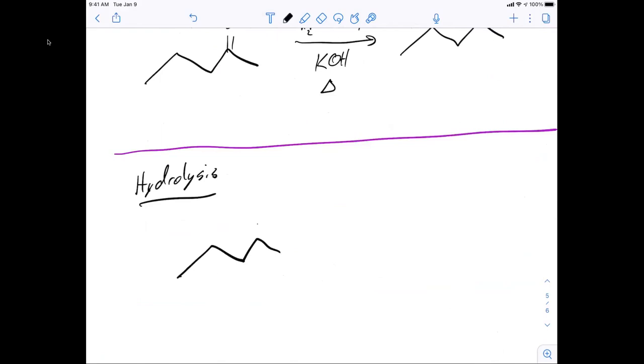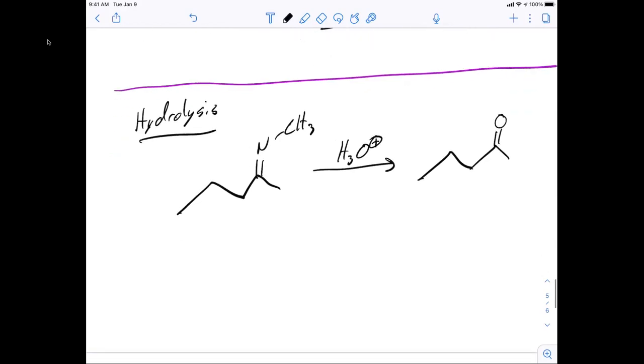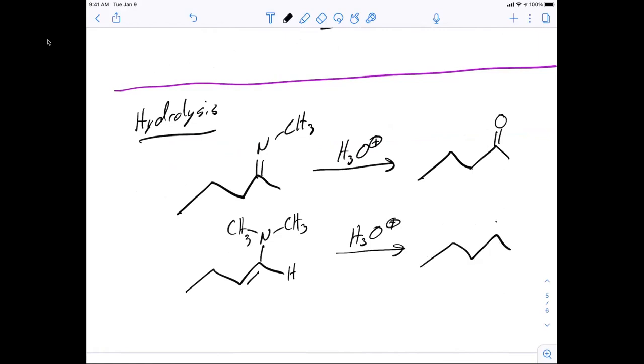I can make an imine, go back to the ketone in this case. I could take the enamine and go back to the aldehyde in this case.